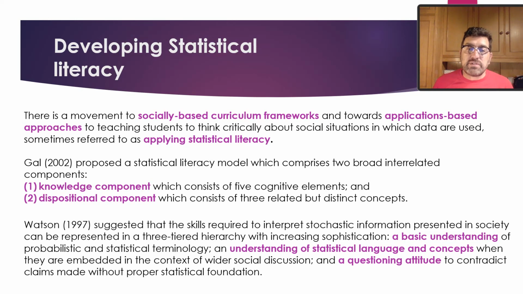That's your first tier. Secondly, an understanding of statistical language and concepts when they are embedded in a context of wider social discussion. And lastly, a questioning attitude to contradict claims, to question claims made without proper statistical foundations.